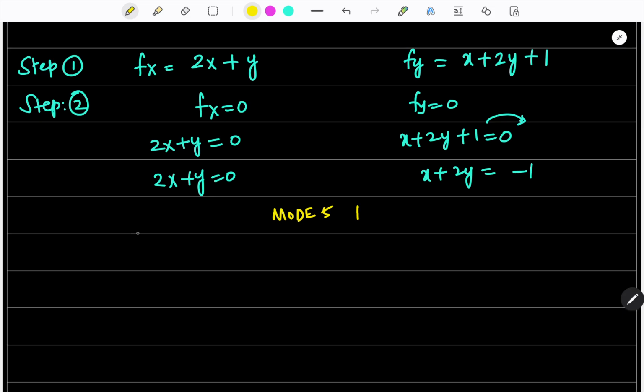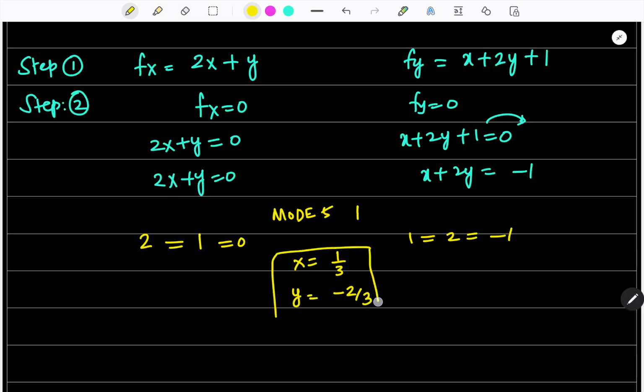Enter 2, 1, 0, then 1, 2, minus 1. What's the value? You got it? x equals 1 by 3 and y is minus 2 by 3 in my calculator.